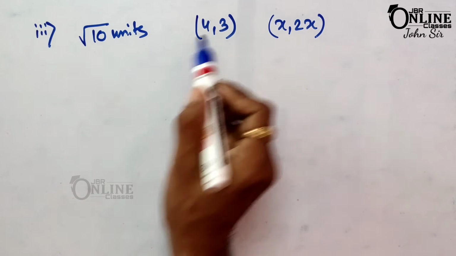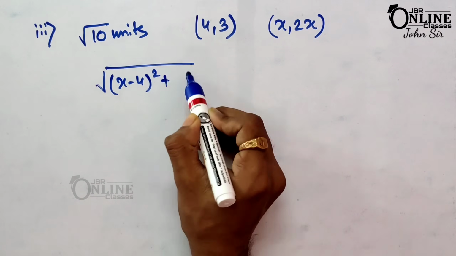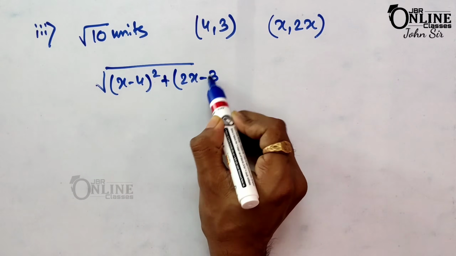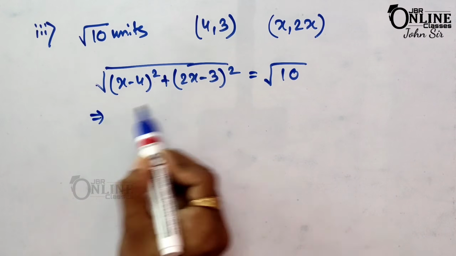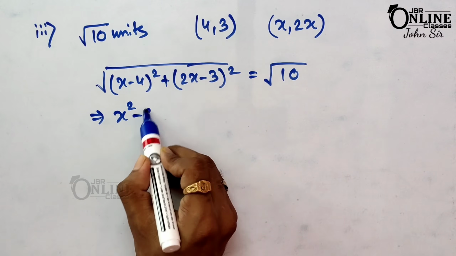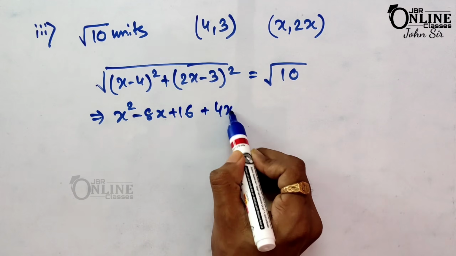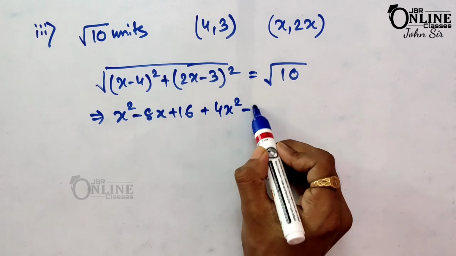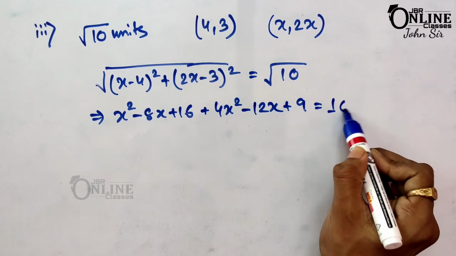So now the distance between these 2 points will be root over (x minus 4) whole square plus (2x minus 3) whole square, and that equals root 10. Now squaring both sides, you will get x square minus 8x plus 16, plus the whole square of this one, 4x square minus 12x plus 9, and that equals 10 only.